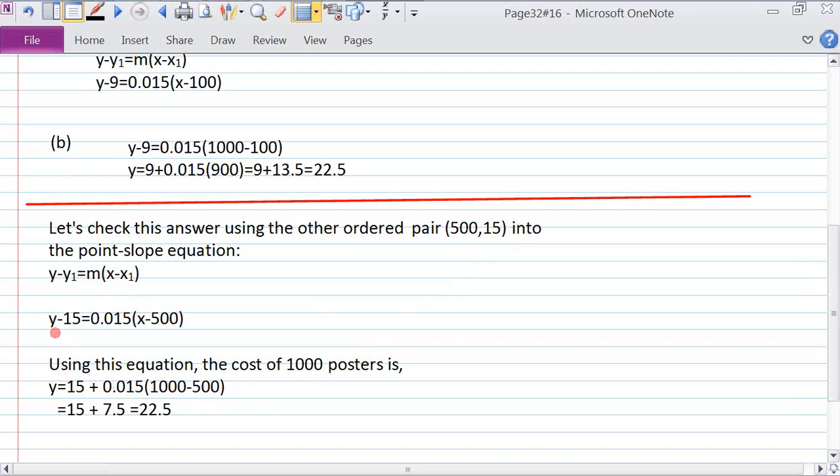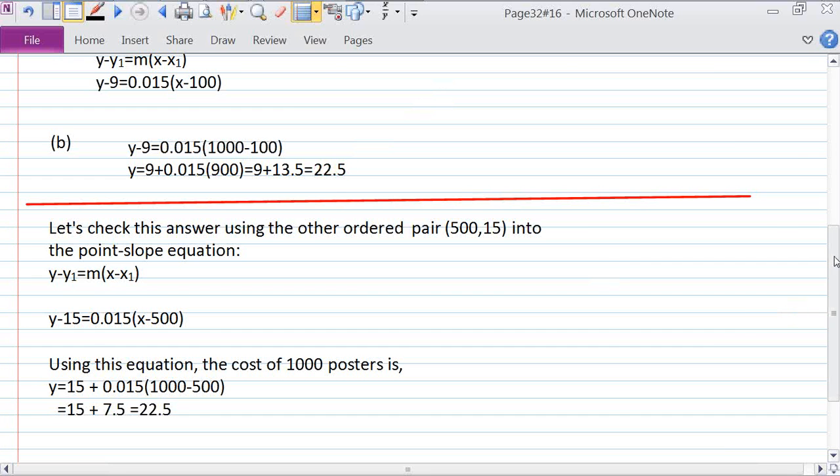Now, this equation here is really the same as this equation here. They'll both give us the same value. Let's check it. So we use this equation. The cost of 1,000 posters is, we bring the 15 from the left to the right, and we substitute x equals 1,000 here, and we get 15 plus 7.5 equals $22.5, which is exactly the same.